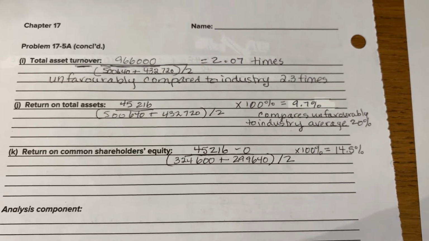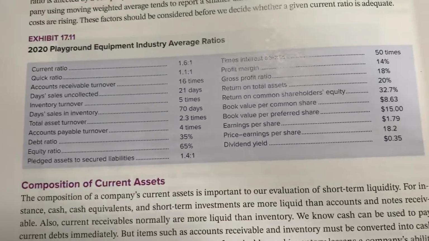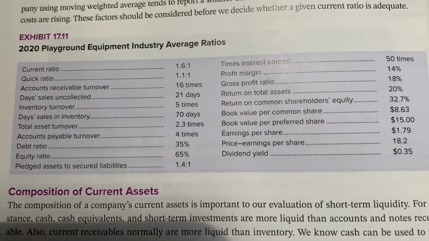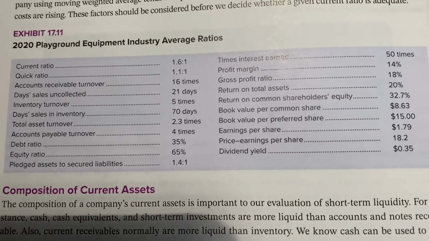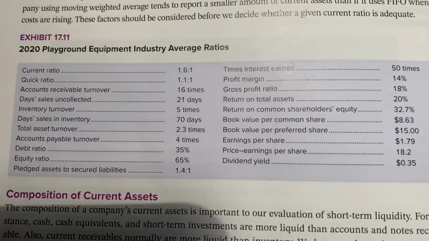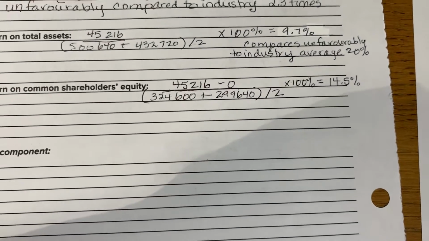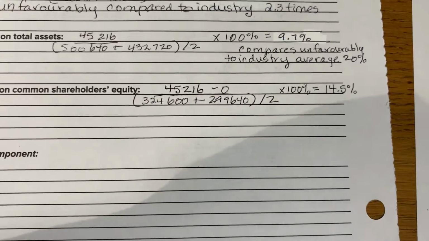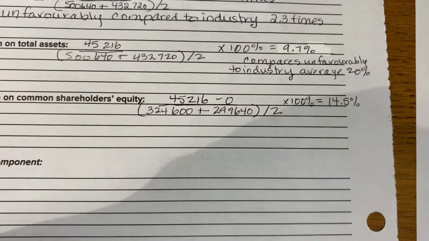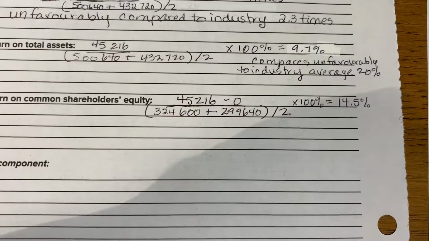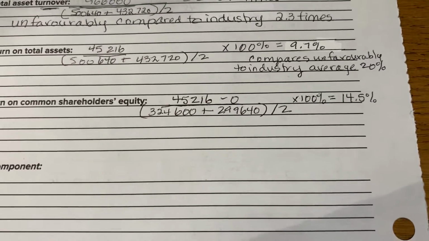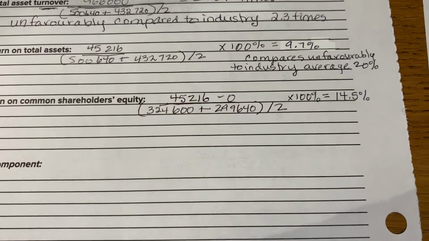All right. The last one we want to look at is return on common shareholders equity. Industry average is 32.7%. Ours is 14.5%. In the industry, most shareholders have a return of 32.7%. Our shareholders are getting a return of 14.5%.